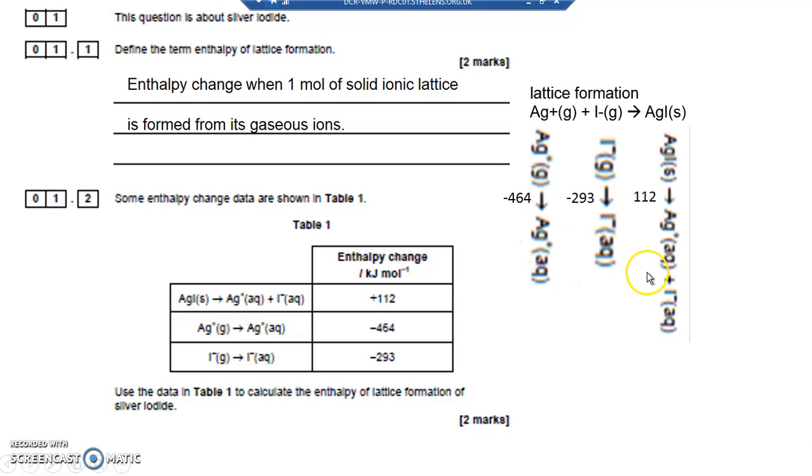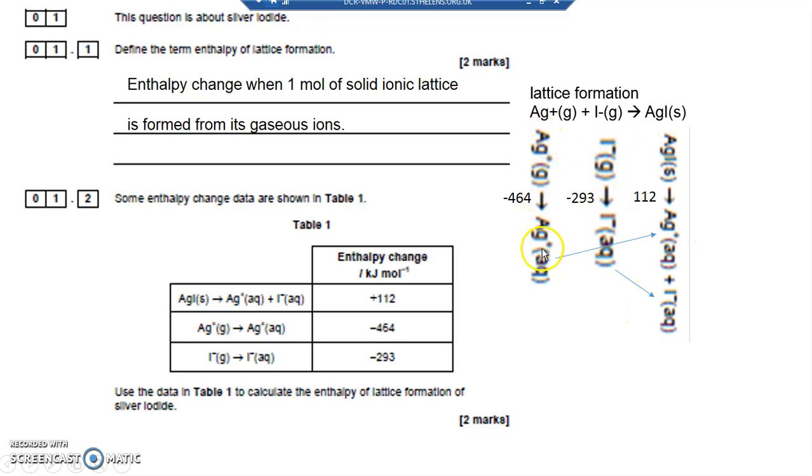Now, how are we going to link these together? Ag+ aq going to Ag+ aq here is nothing, because it's the same thing. I- aq going to I- aq from here to here is nothing because it's the same thing. So I come round this way, a process called Hess's law, where the enthalpy change is independent of the route taken. Instead of going straight across, I can come round here, and then go up this way.